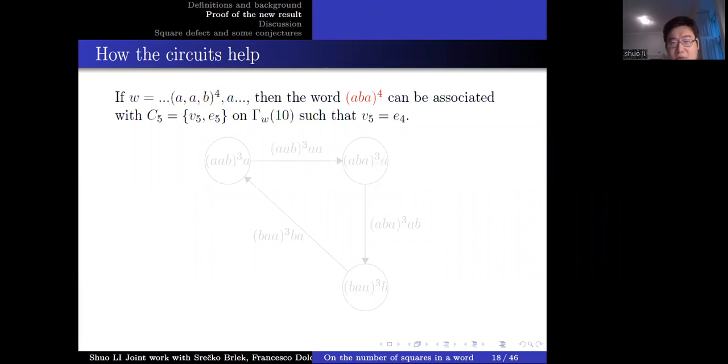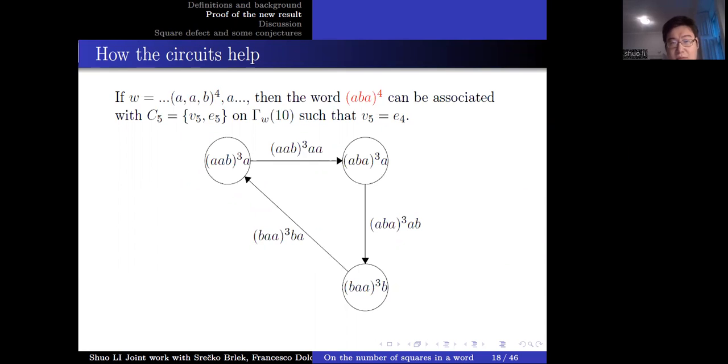And if there is a word of type ABA to the power 4, so ABA is a conjugate of x, in this case we can find a similar secret on the next rosy graph, which is on gamma 10, such that the vertex set of this graph is exactly the edge set of the previous one.